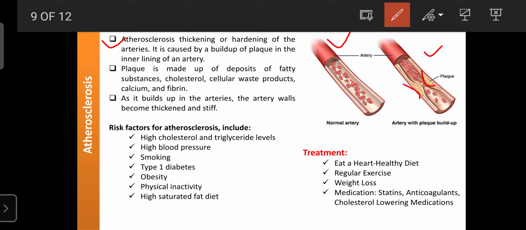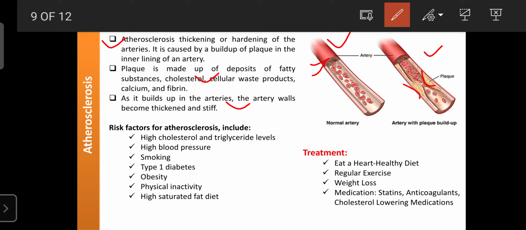The plaque is made up of deposits of fatty substances like cholesterol, cellular waste products, as well as calcium and fibrin. As it builds up in the arteries, the artery walls become thickened and stiff. Due to that, they cannot control the blood vessel's normal functions, and then the blood pressure increases. That's why atherosclerosis is also responsible for cardiac failure or heart failure.